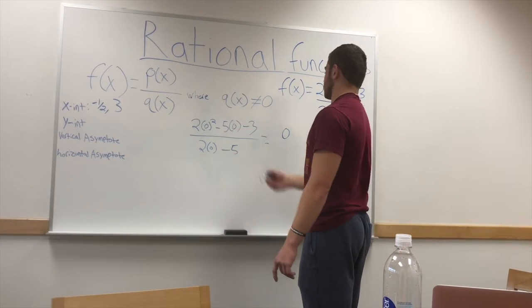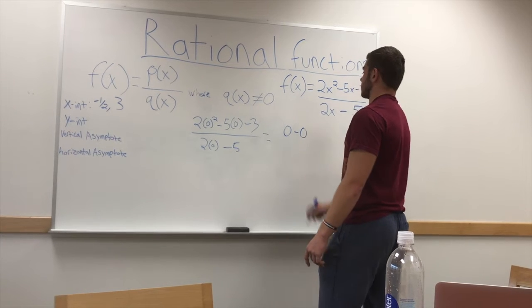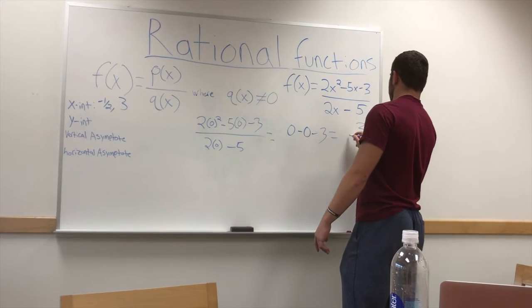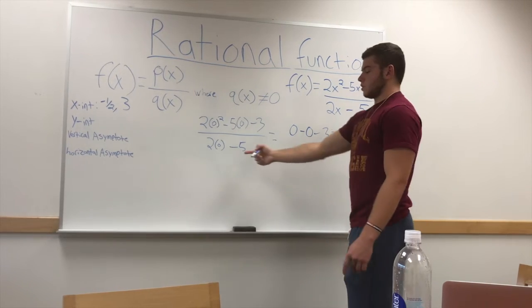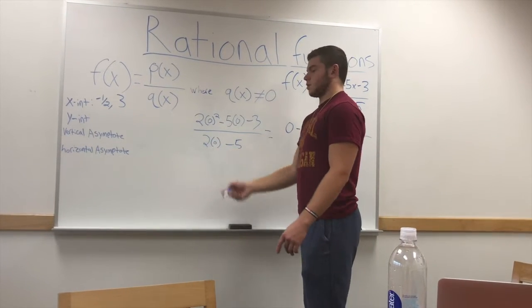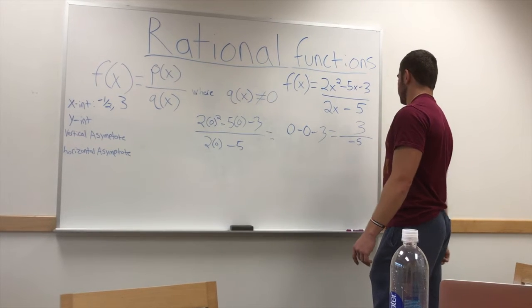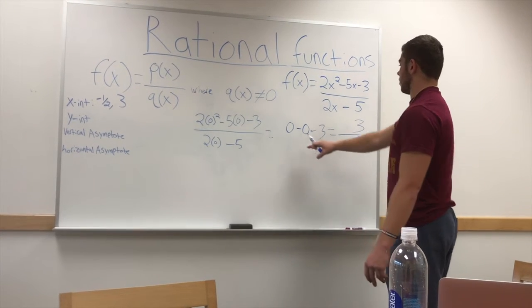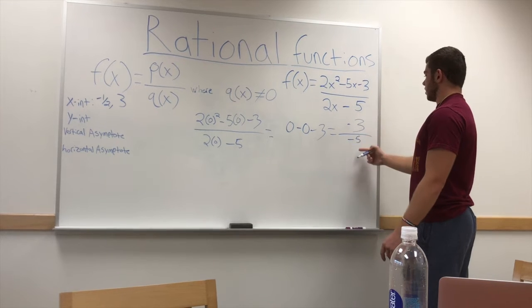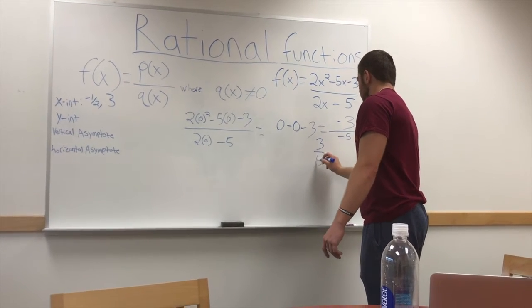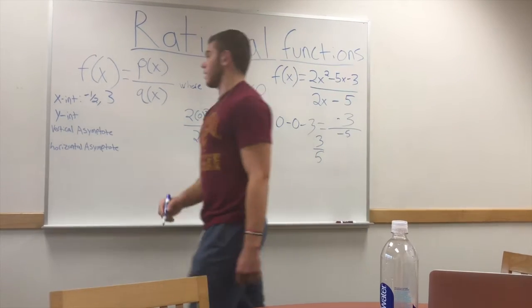Minus 5 times 0 is 0, minus 3 equals negative 3 on the top over here. Check the bottom. 2 times 0 is 0, minus 5. We're going to stick with that. Negative 5. Negative 3 over negative 5 is going to give us a positive 3 over 5. So that's going to be our y-intercept.